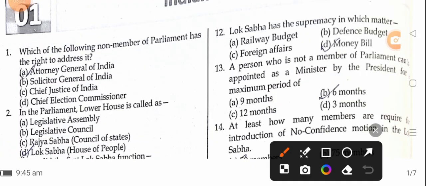Lok Sabha has the supremacy in which matter? Money bill. Lok Sabha has the supremacy in money bill. A person who is not a member of Parliament can be appointed as a minister by the President for a maximum period of 6 months.